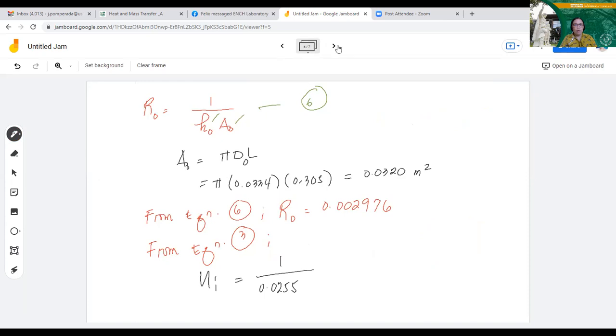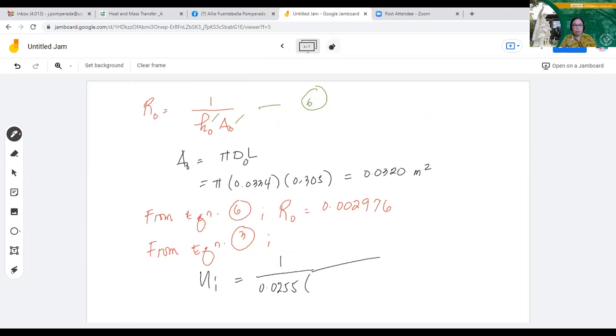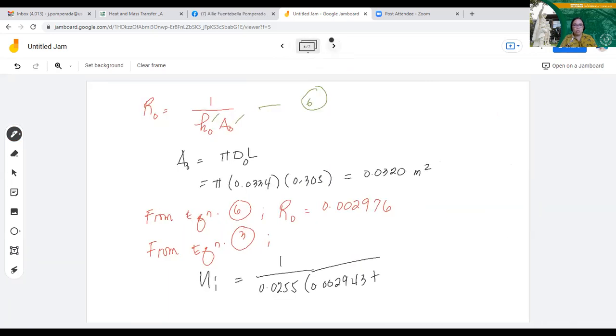This needs to be multiplied to the sum of all resistances. So we'll have R sub i, 0.002943. Then we have the conductive resistance due to the pipe wall, that is 0.002633.